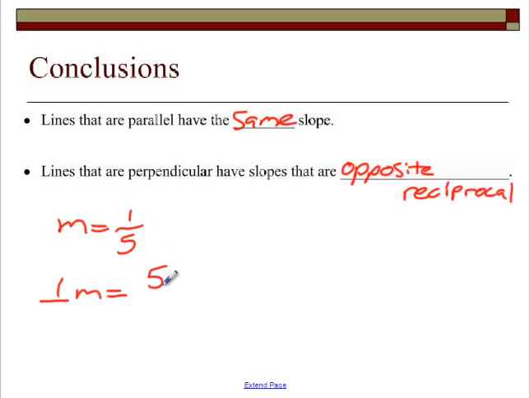Take the fraction, flip it, and switch the sign. Since this one's positive, I'm going to make it negative. So I get negative 5 over 1. I'm just rewriting it. If I had a slope of 3/4, the perpendicular slope is negative 4/3.